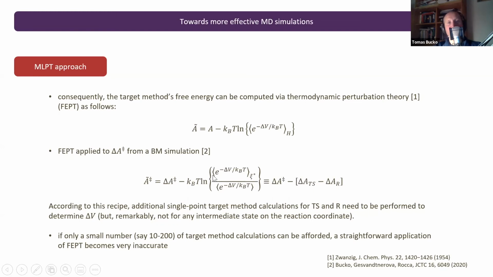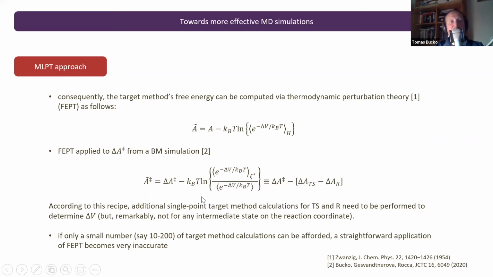This requires computing the constrained ensemble average in the transition state, and a correction term for the reactant. This is this term here. Now we have already achieved something, because you see that unlike in the Blue Moon ensemble method, we don't have to drag the system all the way from reactant to transition state. The correction only has to be done for the initial and final state. So that's already some achievement, right?